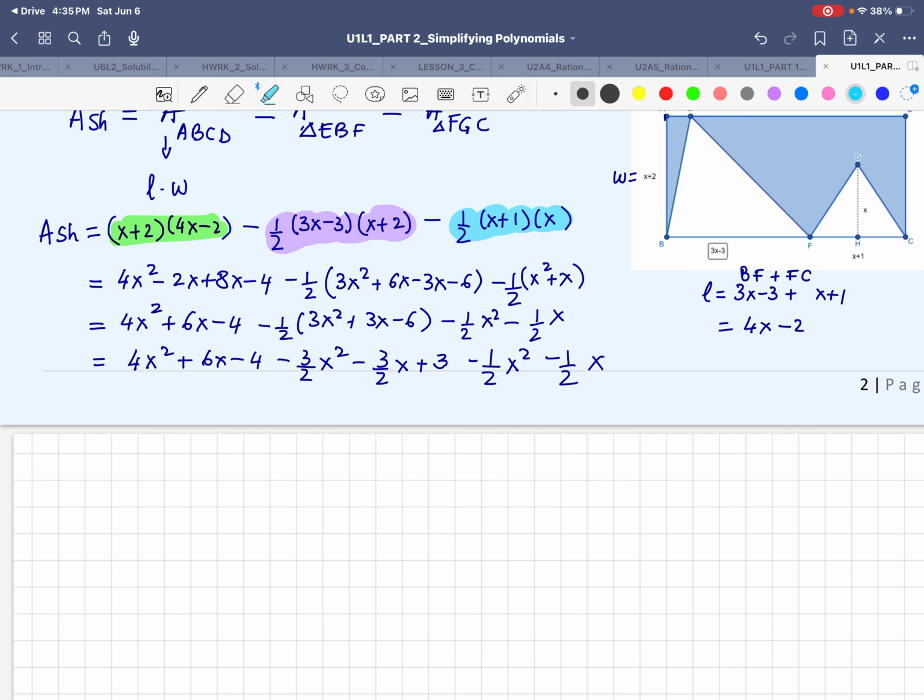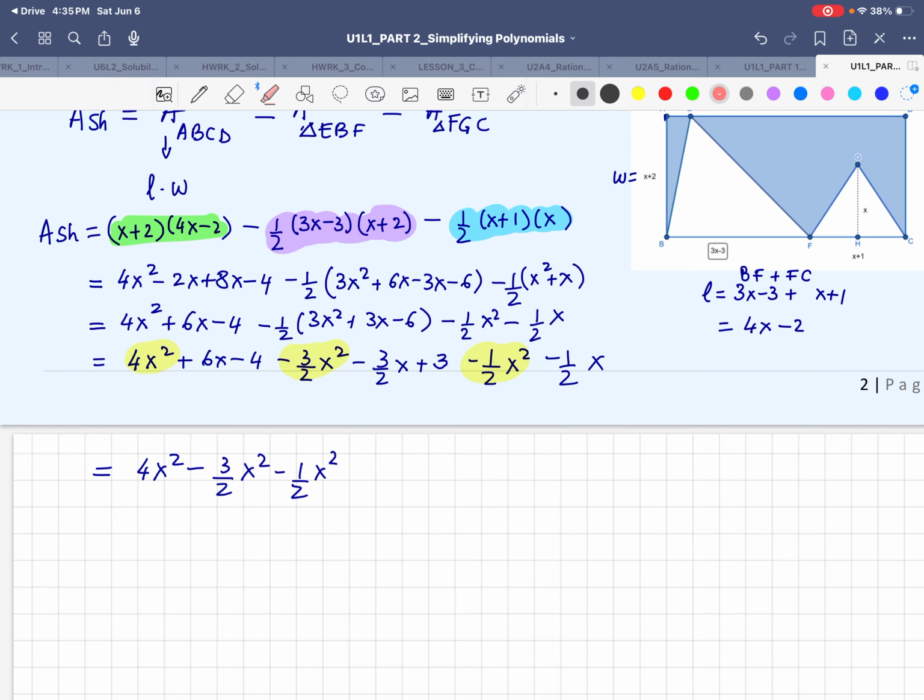So we're going to group the like terms. So we have these 4x squared and negative 3 over 2x squared. More x squares? Yes, right here. So we'll rewrite them as 4x squared minus 3 over 2x squared minus 1 over 2x squared. So what do we have next?